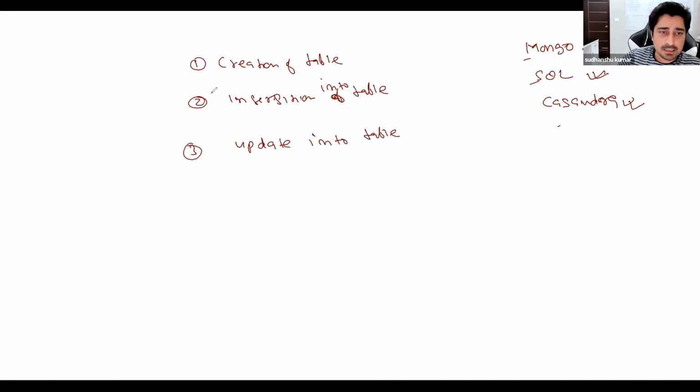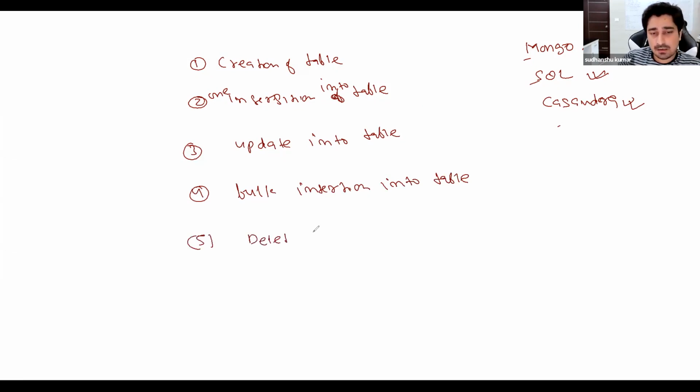Then this is the one or single insertion. Fourth, bulk insertion into table. Fifth, update, insert, and then delete from a table.